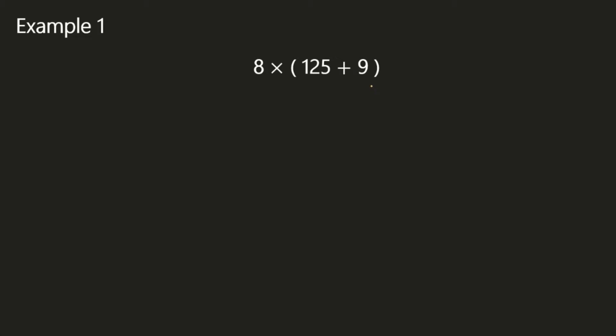So we're going to distribute the 8 into each addend inside the parentheses. Okay? So this becomes 8 times 125 plus 8 times 9. Okay? So 8 times 125 is 1,000 plus 8 times 9 is 72.